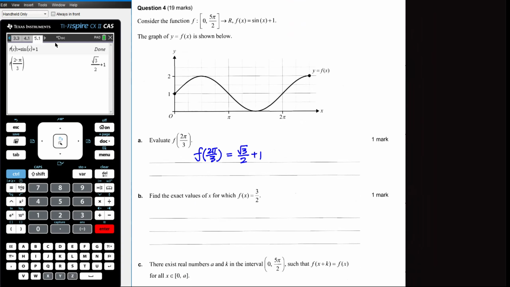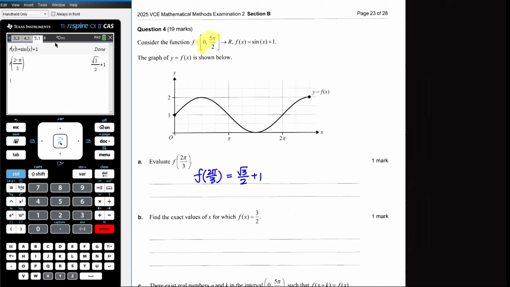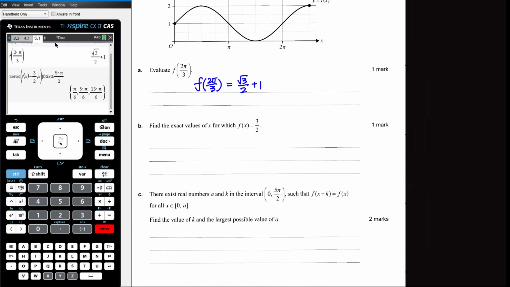Notice the domain restriction. Oh, this one should be 6. Bear with me. Yeah. Next part, let me have a look.